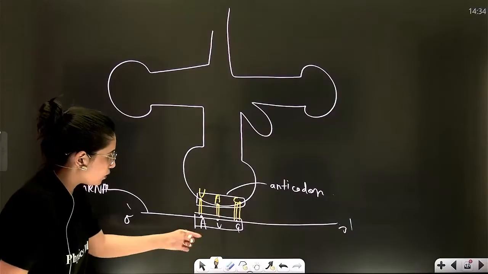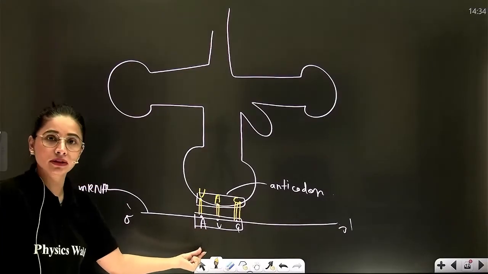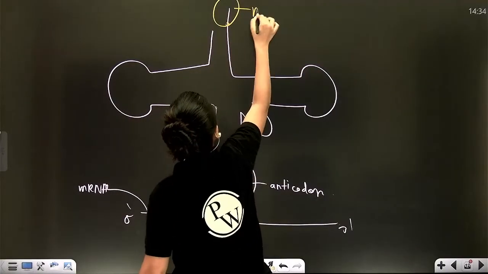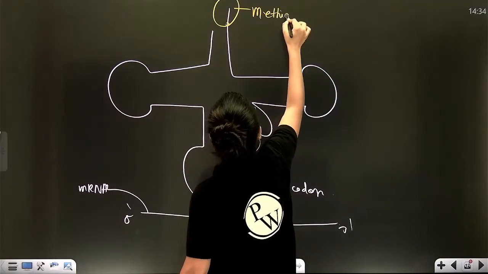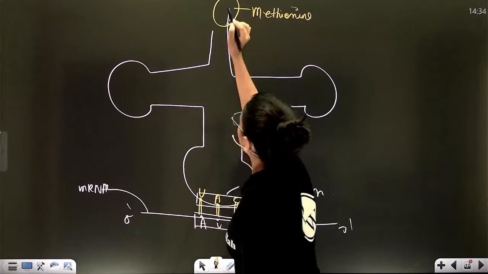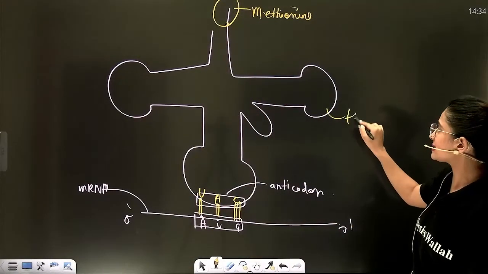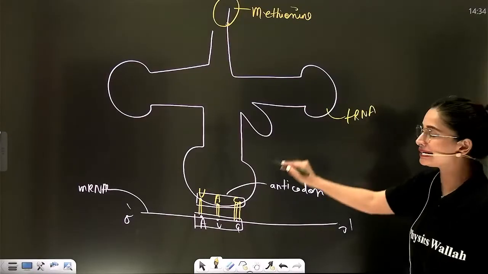Correct? Now, AUG codes for methionine. So this tRNA is going to allow the binding of methionine on its first arm. So what is this tRNA doing? See, tRNA is acting like an adapter.